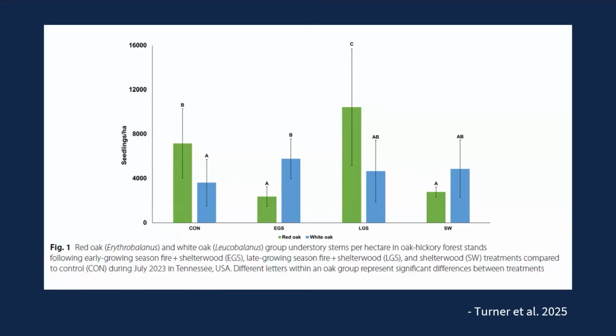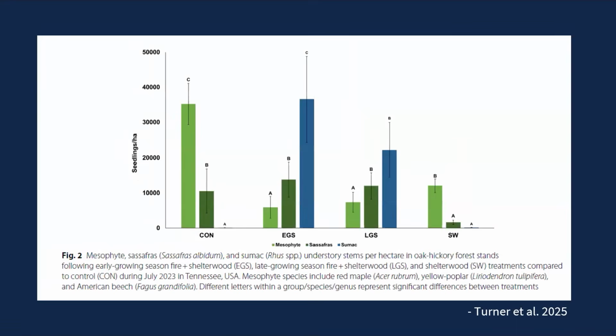I'll move over this, but just know that white oak and red oak did well when you added burns to a shelterwood. Mesophytic species did worse when you added burns, but you also tended to release things like sumac and sassafras with a fire.